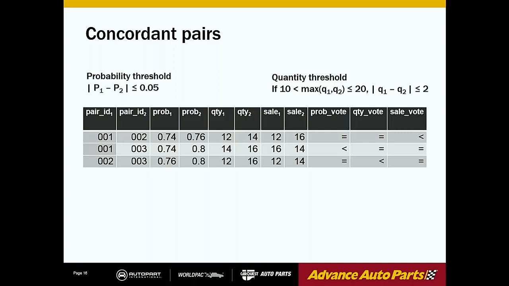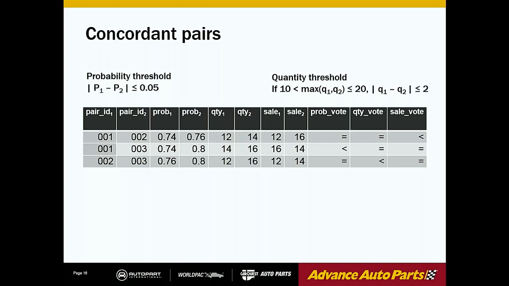The sales in this case were 12 for the first case and 16 for the second. That is bigger than our threshold, so the sale vote here is less. For the second one, the first probability is 0.74 and the second is 0.8.